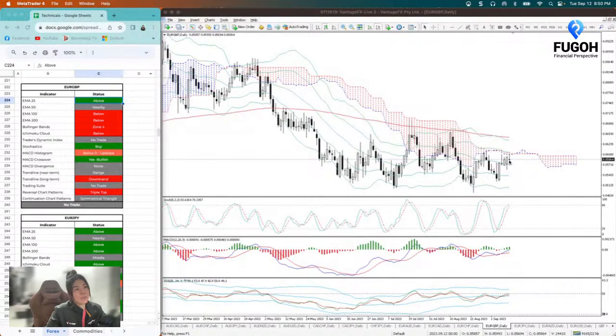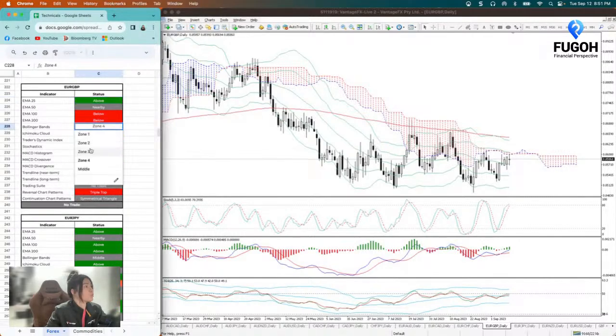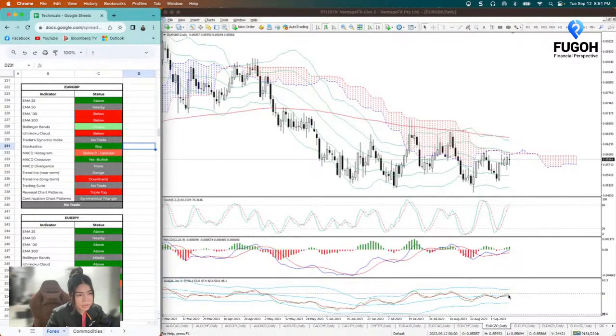It's in zone 2. And then the Ichimoku cloud is below. TDI, where's our TDI? Pressure, no trade, because the two lines are above the middle band, but it's below 50. So we don't trade that one.